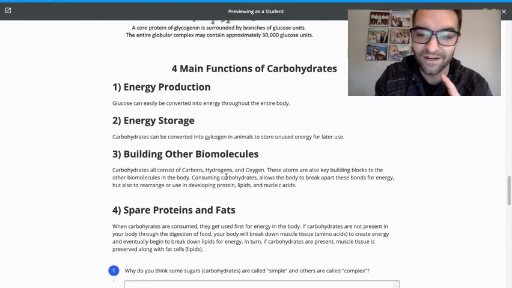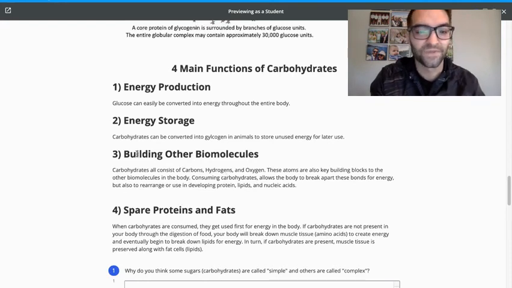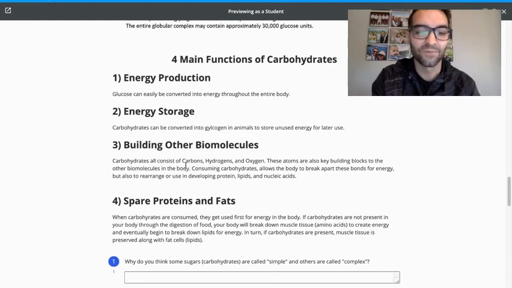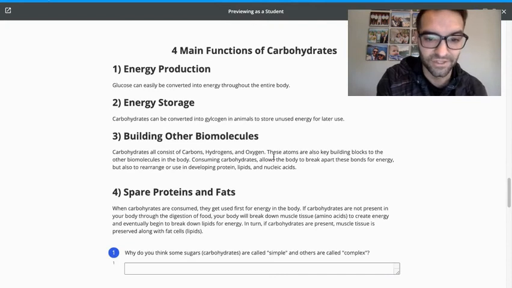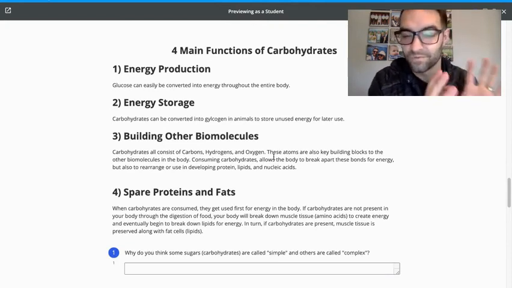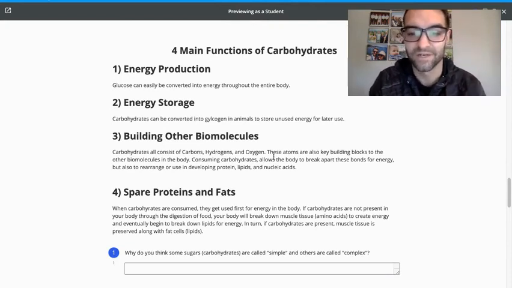Here's what we didn't talk quite so much about. It's also very important for the building of other biomolecules. Carbohydrates all consist of carbons, hydrogens, and oxygen. These atoms are also key building blocks to the other biomolecules, and we stated that in our last assignment, right?